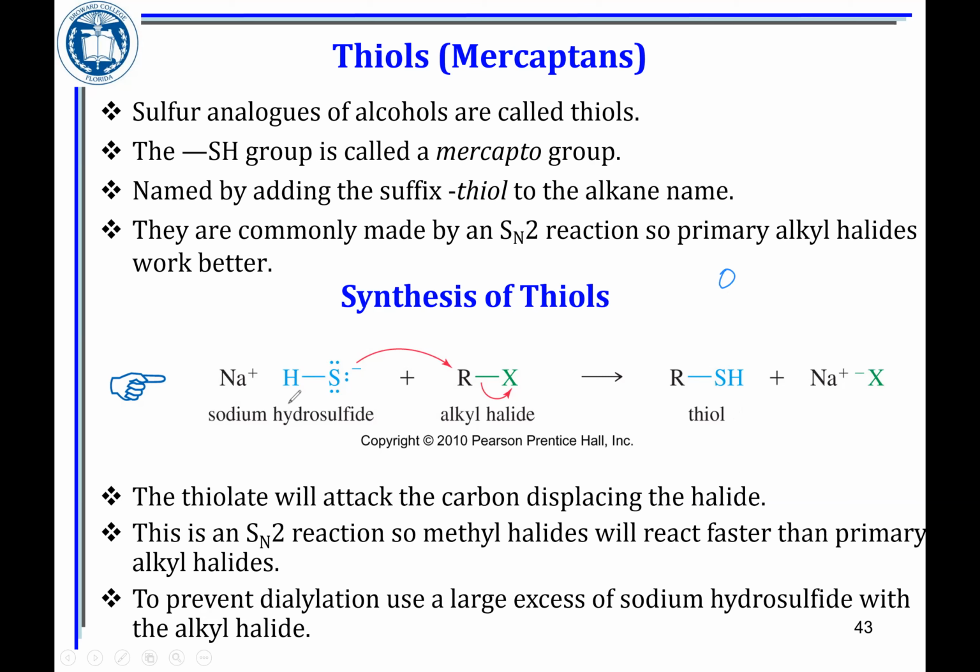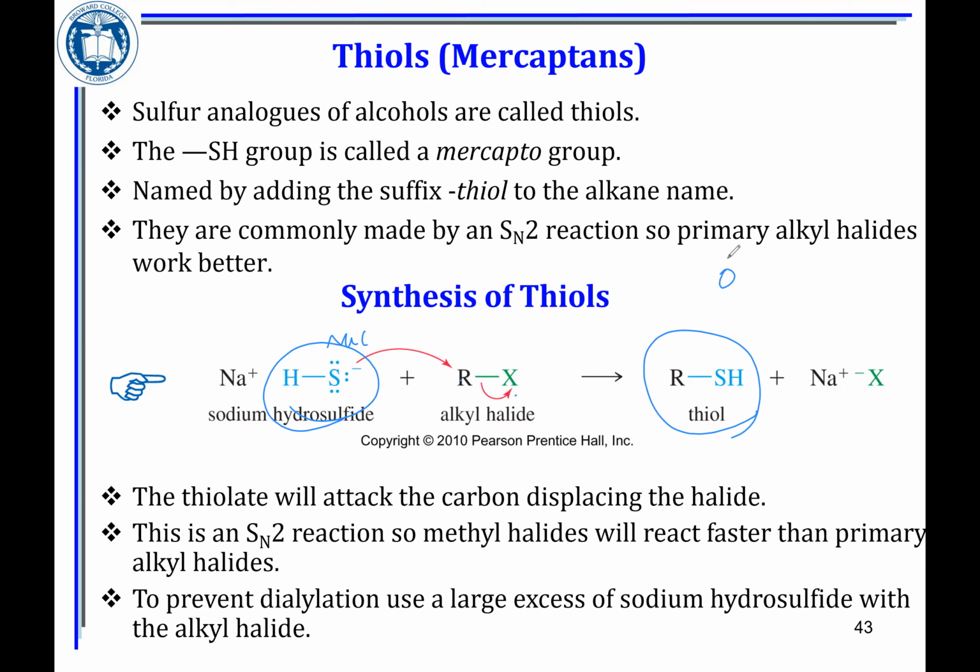SH minus as a nucleophile can attack alkyl halide. And if you use this as a nucleophile, the substitution reaction with the alkyl halide gives a thiol. Thiols are more acidic than the alcohol because of the size of the sulfur. Sulfur is larger in size compared to oxygen.